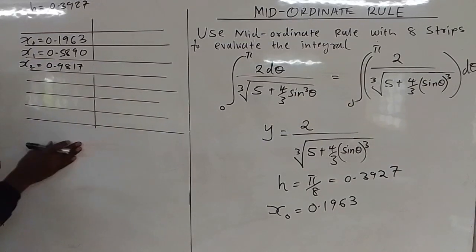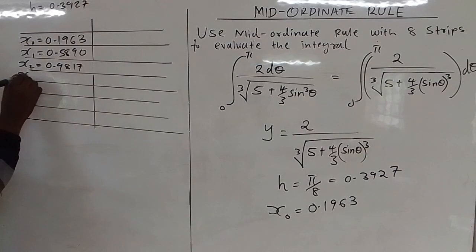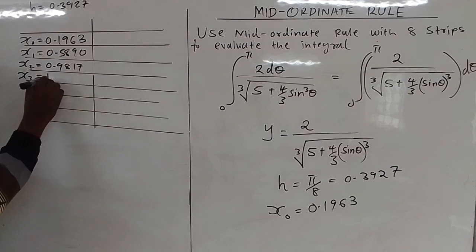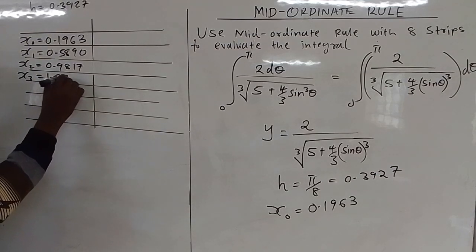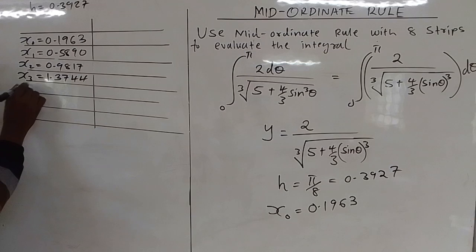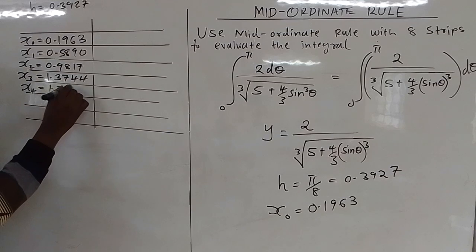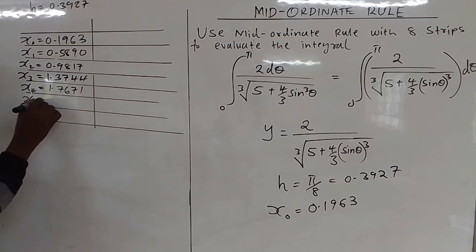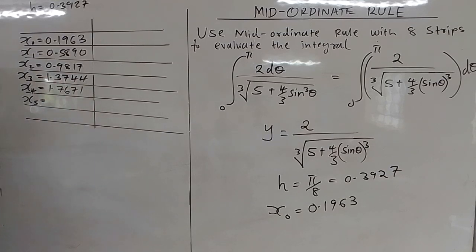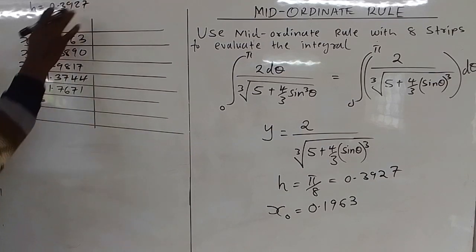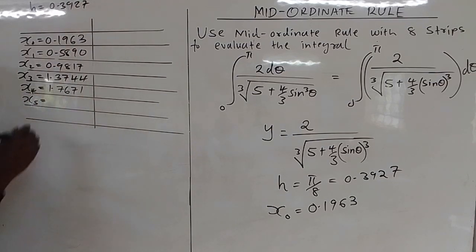I have moved to the next one. x3 is x2 plus h, 1.3744. Then x4 is x3 plus h, 1.7671. Then x5 is x4 plus h, that is 2.1598.